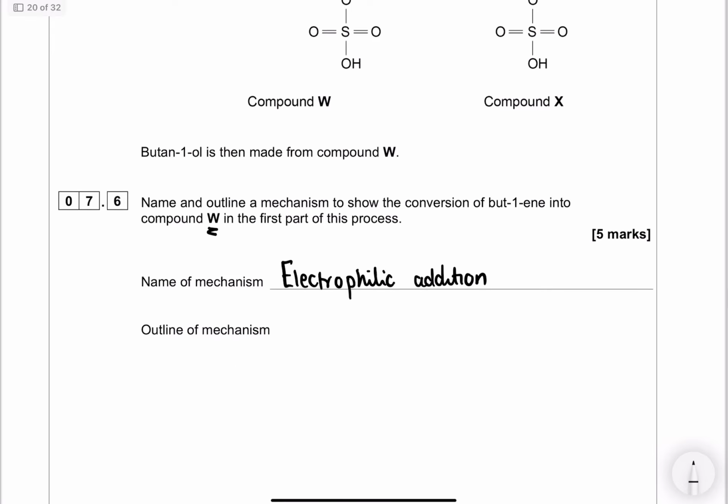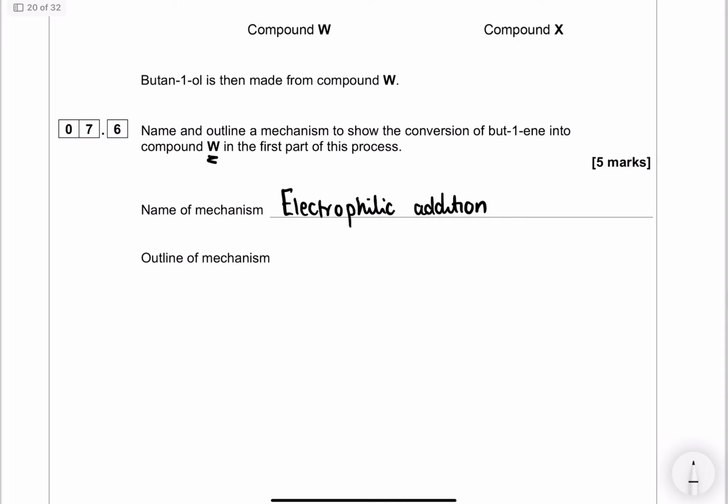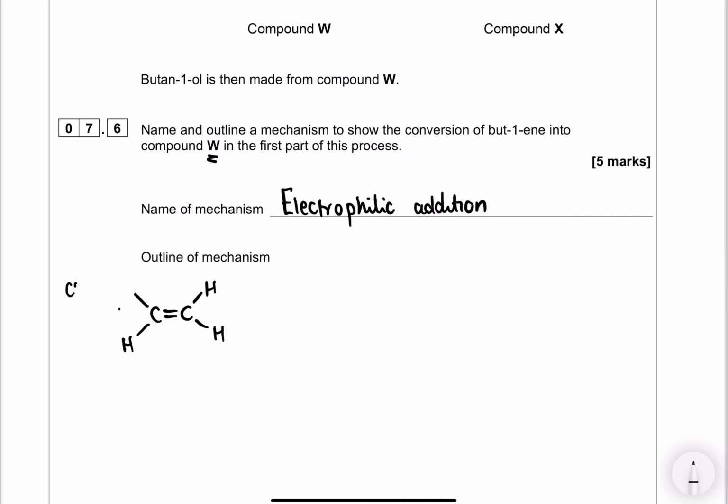So we need to start with but-1-ene. So if we imagine drawing out our double bond, and this is carbon number 1, then we've got carbon numbers 2, 3 and 4 on one of these branches. So carbon number 1, 2, 3, 4.